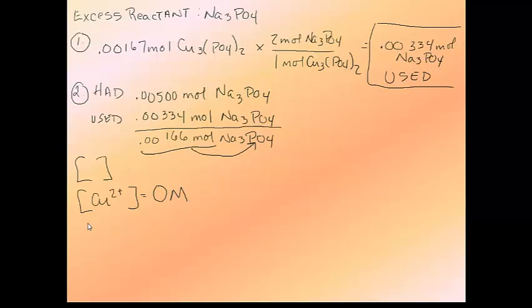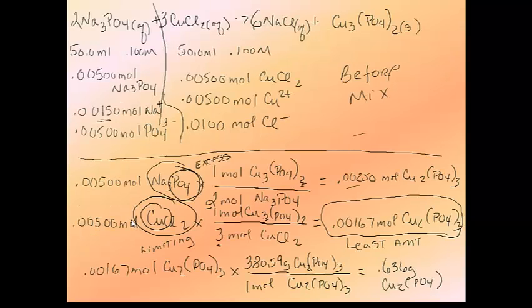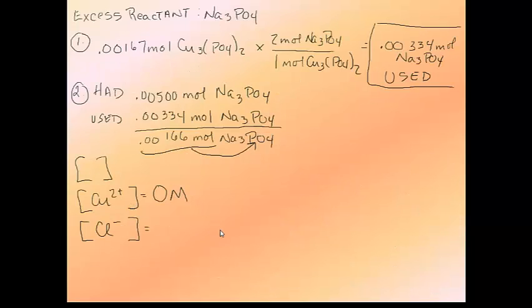The chloride, we go back and look, this is the spectator ion, the chloride ion is 0.01 moles. It is a spectator. It is not doing anything. I have 0.01 moles before I mix, 0.01 moles after I mix, because it's a spectator ion. So I have 0.010 moles.